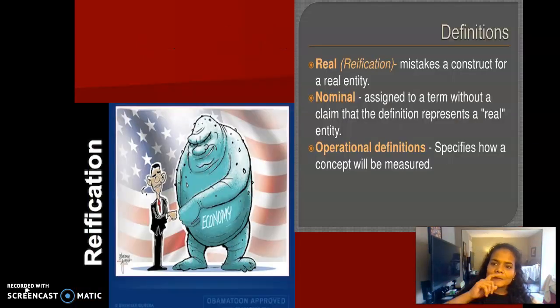So reification is the first step in sociological analysis, unpacking reification, because too often there's a tendency to think of institutions or things as real, right? It's a mistake to think of social constructs as real entities, right?